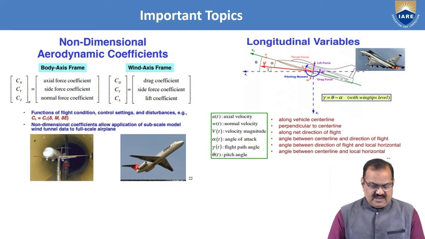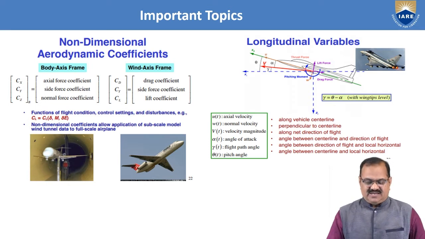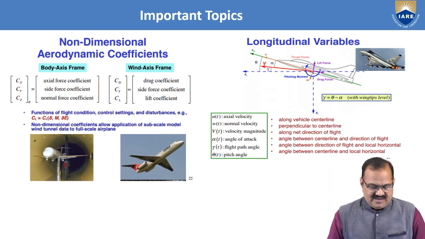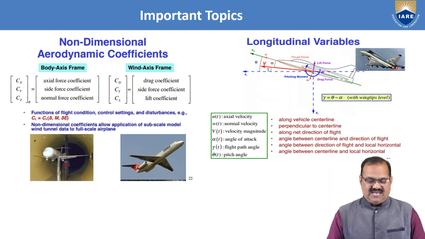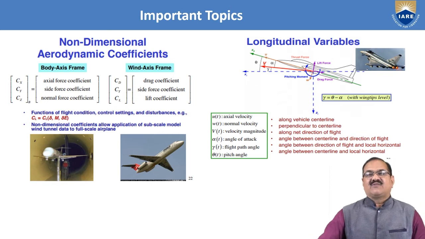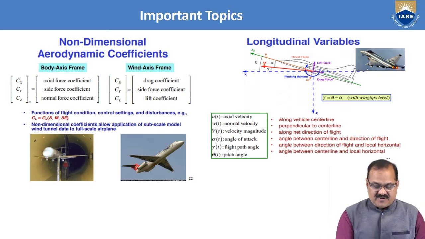So here we know these are functions of the flight condition, that is, the control settings and disturbances like alpha, delta m and delta e, and non-dimensional coefficients allow application of sub-scale model wind tunnel data to the full-scale airplane. That is a very important point.